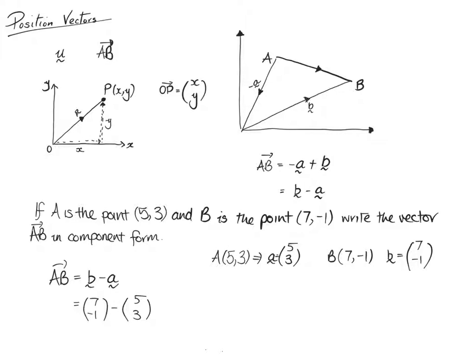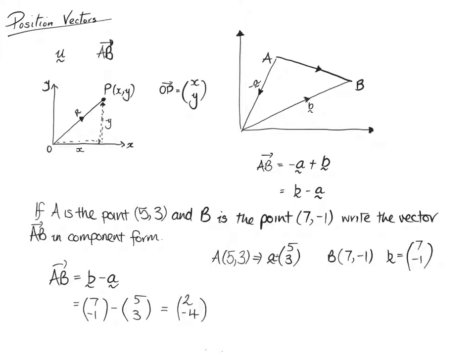You would keep going underneath, but I don't have any space. So when we're doing these, we subtract the two top coordinates, so we get 7 take away 5, which is 2, and then we get -1 take away 3, which is -4. So the vector AB is (2, -4).